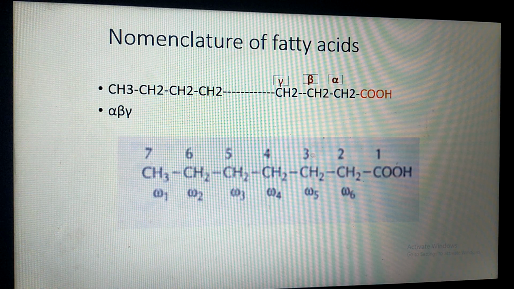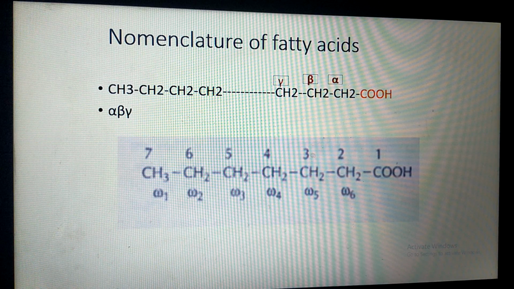Or if we want to label the carbon atom as alpha, beta, gamma, then we have to leave the carbon of carboxyl group. The alpha carbon is that carbon which is adjacent to the carboxyl group. Then we have to name beta carbon, beyond that gamma, delta, epsilon, like that.